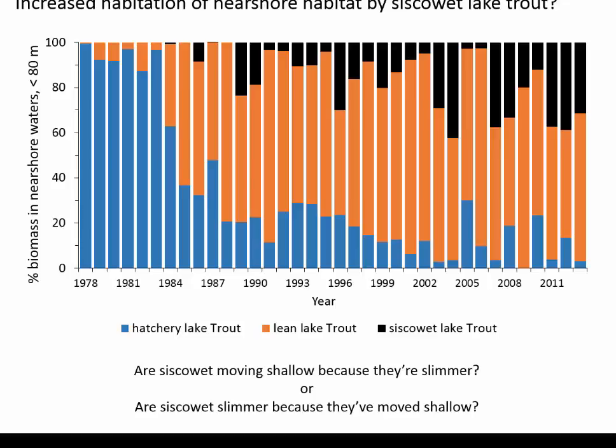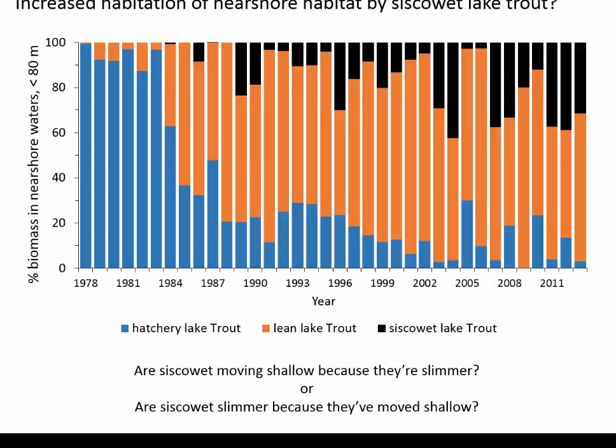And so we've seen a decline in hatchery fish. They're not stocked anymore, and so they're not around. But we've seen an increase in the number of ciskowet that we've caught over time. And this doesn't seem to be related to water temperature at all. Like, in that really warm year of 2012, for example, there were more in nearshore waters than there had been in previous years. And you'd think if the water was warmer, they would have moved more offshore.